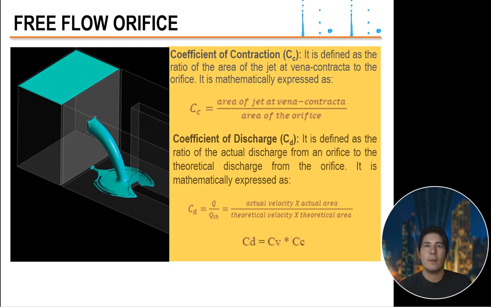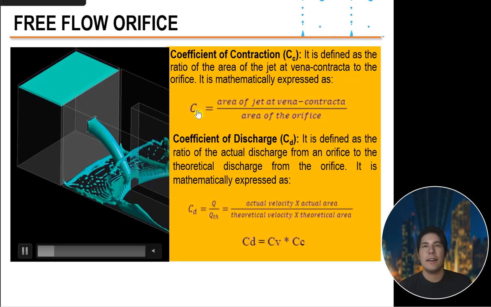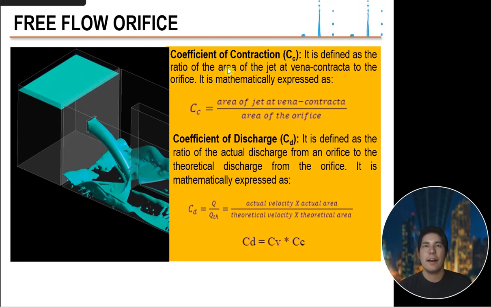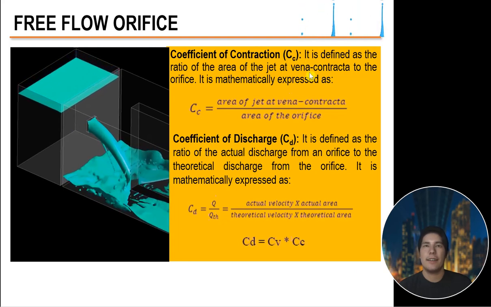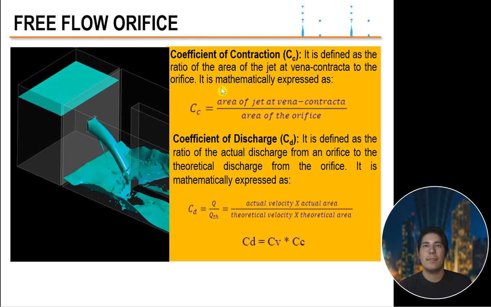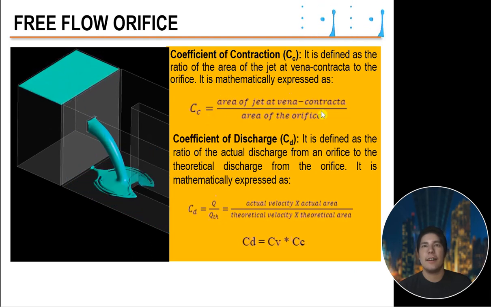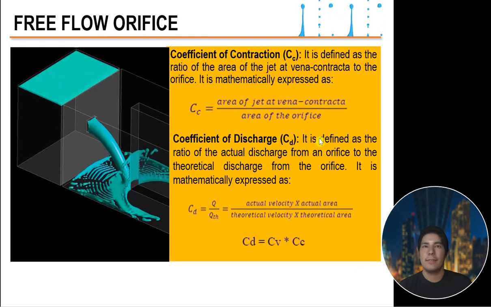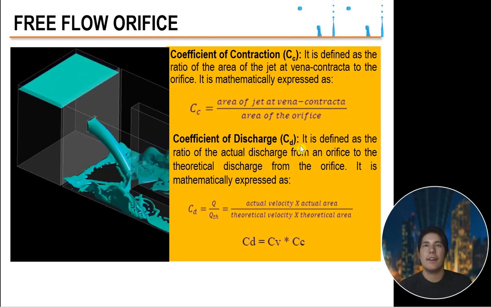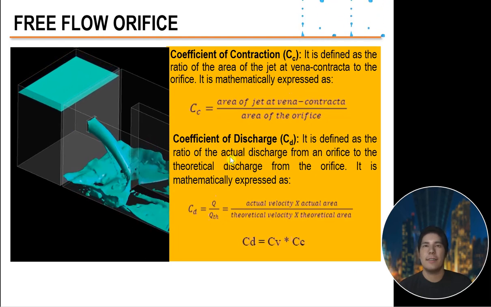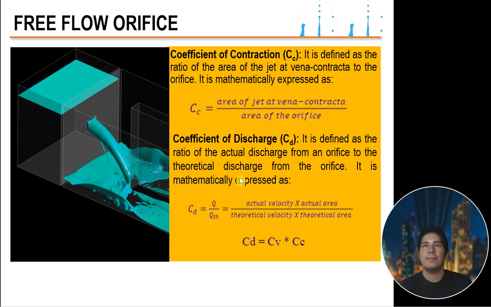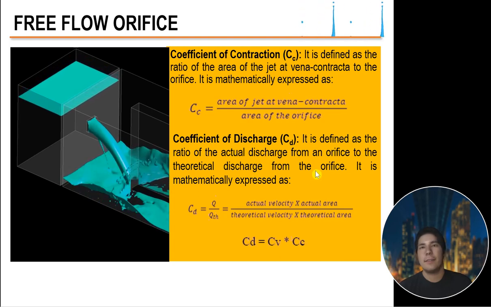Okay, so we also have what we call the coefficient of contraction. It is defined as the ratio of the area of the jet at the vena contracta to the area of the orifice. It is mathematically expressed as CC equals the area of the jet at the vena contracta divided by the area of the orifice. And we also have the coefficient of discharge, which is defined as the ratio of the actual discharge from an orifice to the theoretical discharge from the orifice.